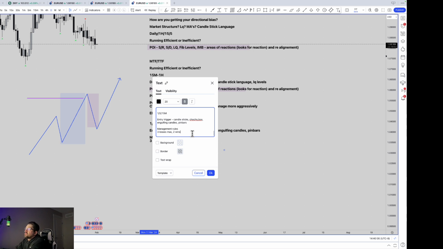Now, if I lose one and I break even twice, I'll look at my headspace and see how I'm feeling. If I feel like I'm not all there or a little bit frustrated, I'll end the day. If I feel like I'm still in a good headspace, I will maybe take one more. So 2 wins or 3 losses. That's kind of my maxes.